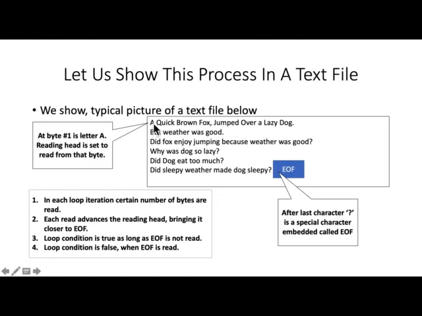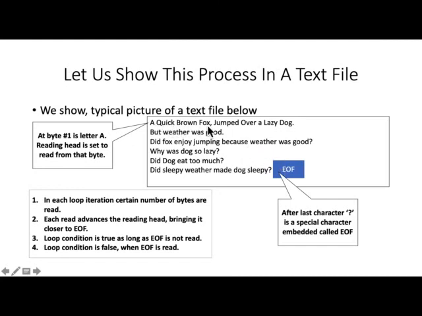The peek function, which we are going to discuss in more detail in a minute, will return the ASCII value of this, which is not -1. And in each iteration from this file, I'm going to read a certain number of bytes. Let's say I'm reading one line each time. So each read advances the reading head, bringing it closer to the EOF.